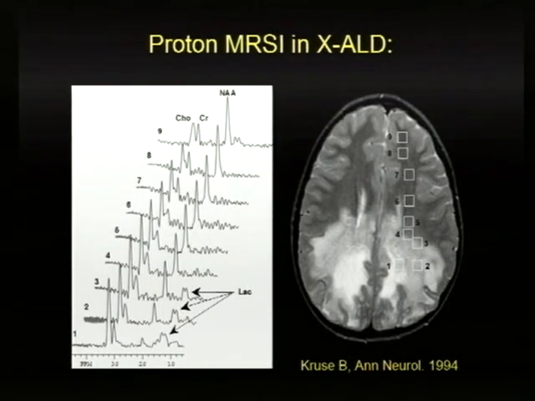And then this part of the brain under classical MRI looks rather normal. But using mass spectrometry techniques, we find that the choline peak, which is an indication of myelin breakdown, is already abnormal even in these distal regions. And as the untreated disease advances, one can see it creeping up.